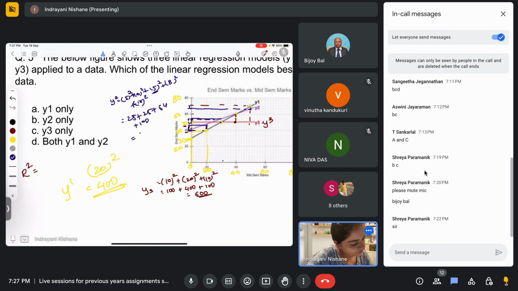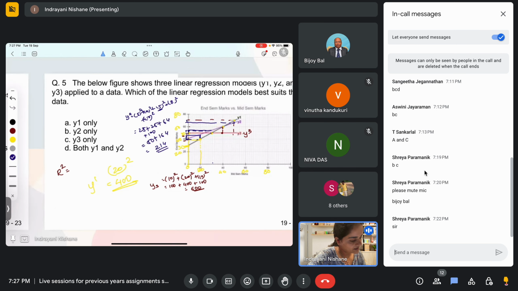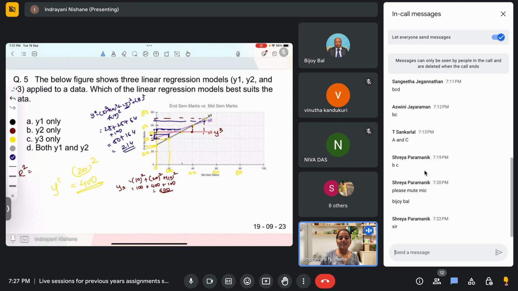So 50 plus 164, so this seems to be the answer for R square. Which is the minimum value out of 400, 600 and 214? So what would be the correct answer? Y2. So the B option seems to be the right answer.